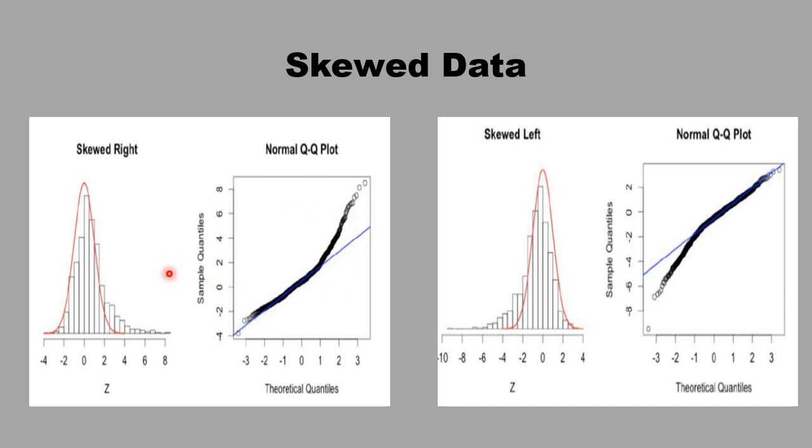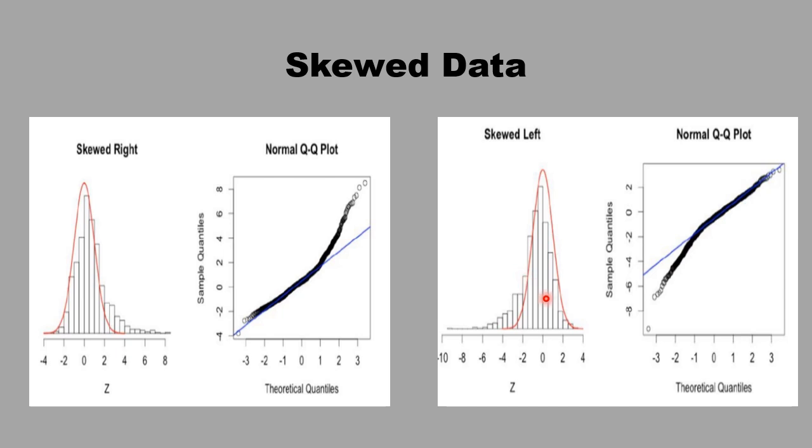Because if we plot the actual figures on the y-axis against the theoretical figures on the x-axis, these very high scores at the end of the skewed data would form this deviation from the straight line, and we could tell from this QQ plot that the data is skewed.